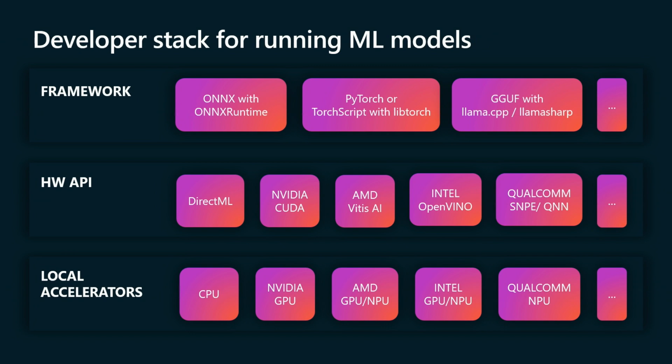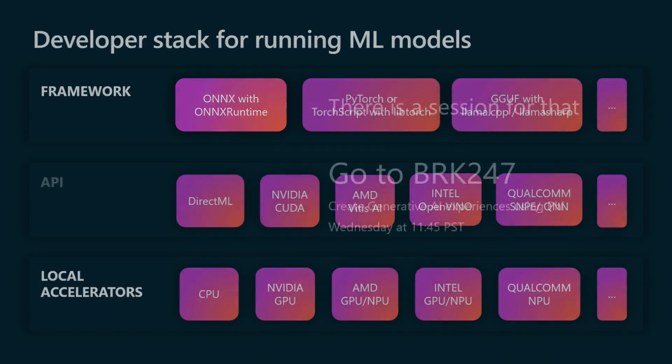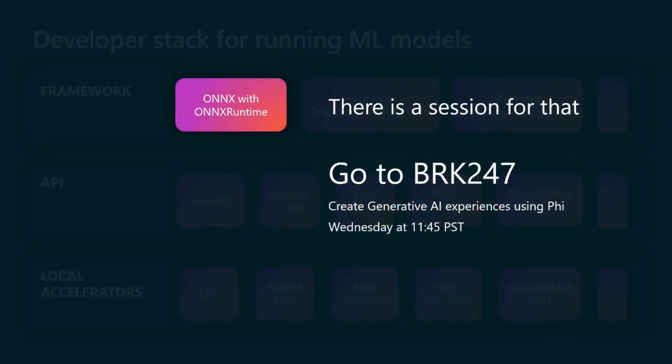From the framework, and most developers will stay at that framework level, but then you need to use hardware APIs to be able to talk to specific hardware as well, or use DML, or DirectML, for scaling. We're not going to spend a lot of time going deeply into ONNX Runtime or DML, because we have amazing sessions coming up tomorrow.